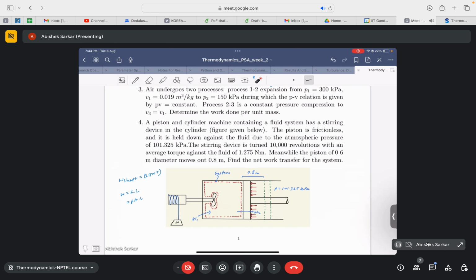So because of this work interaction, because of the work supplied by this shaft, by this steering mechanism, there is an expansion of the piston, which results in the piston moving out to a distance of 0.8 meter. So we are asked to find the net work interaction.